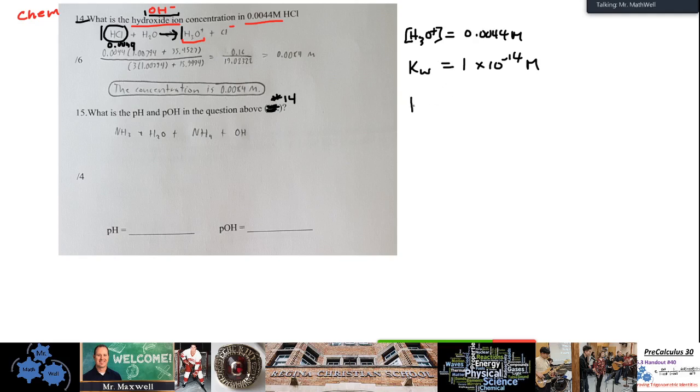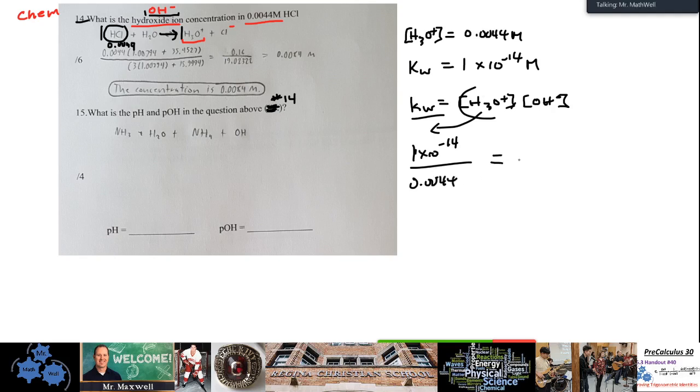So the product, this is actually the H3O plus concentration times the OH minus concentration. So we can do just some simple calculations here. And so 1 times 10 to the negative 14 divided by this H3O plus 0.0044 should give us the hydroxide ion concentration for number 14.